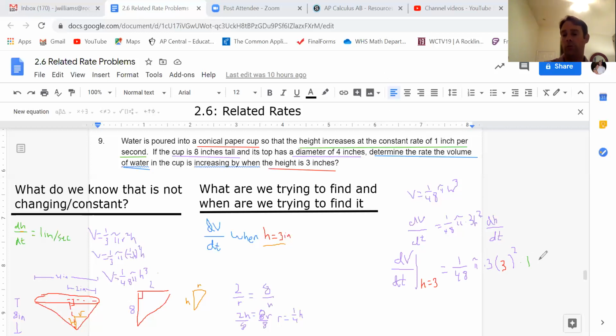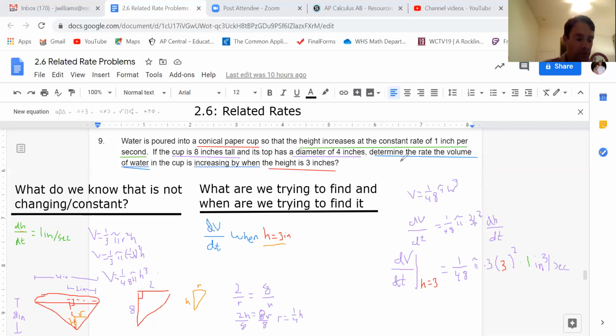Now, notice this is a rate as a volume, so we are going to leave it in, why did I put feet? That should be inches. Still should have been inches. Inches, don't forget the cube, per second.